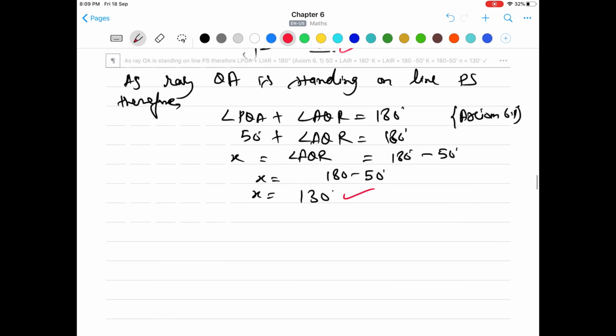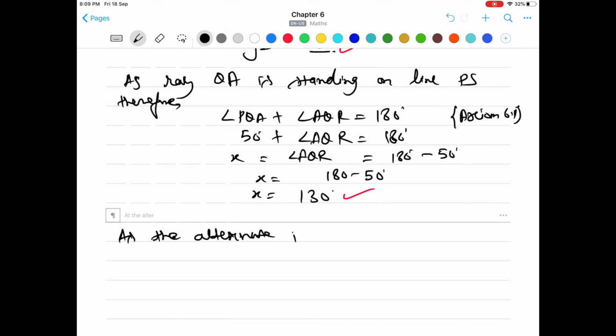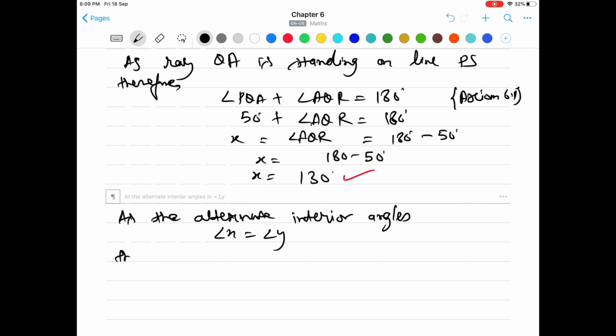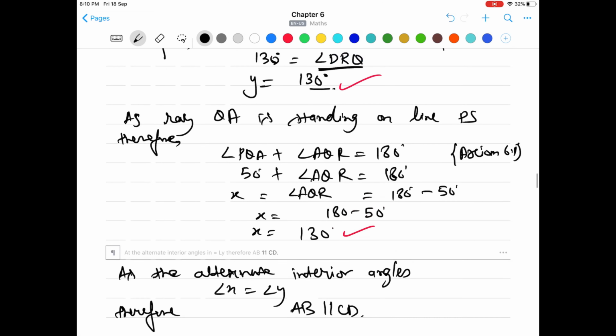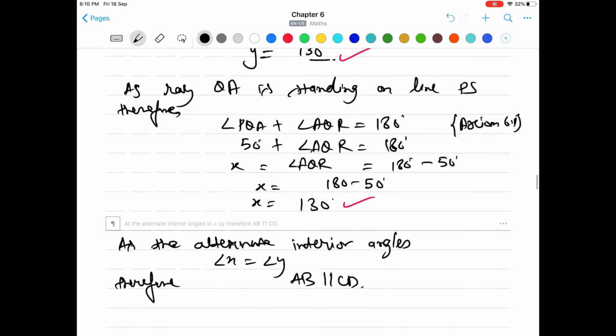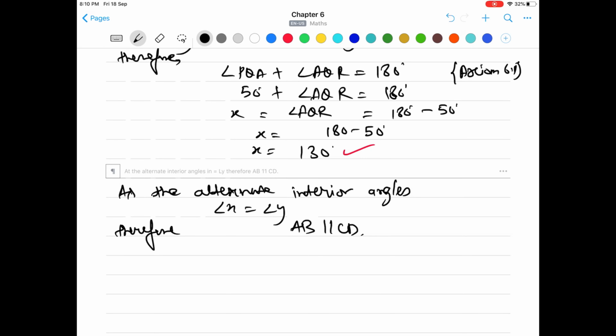Okay, so we'll write as the alternate interior angles x is equal to angle y, therefore line AB is parallel to CD.